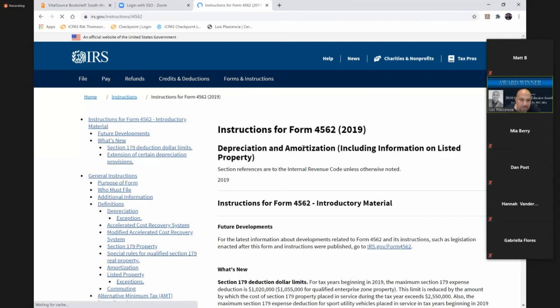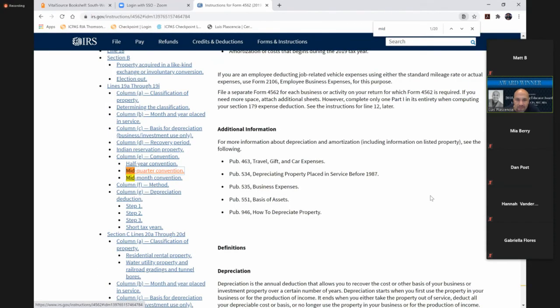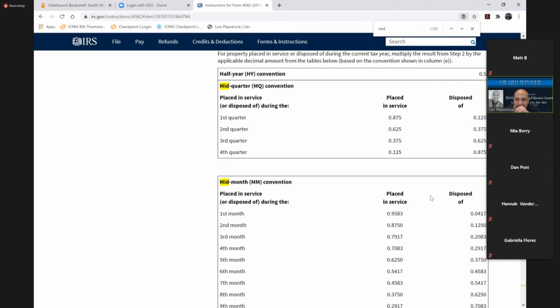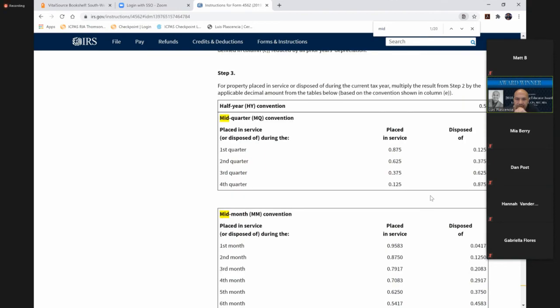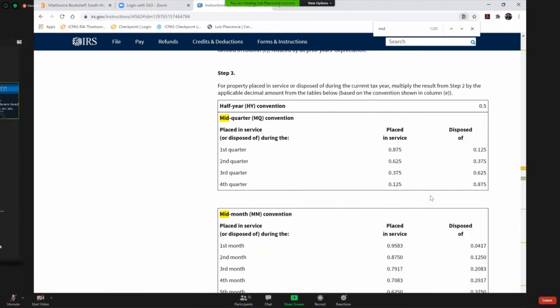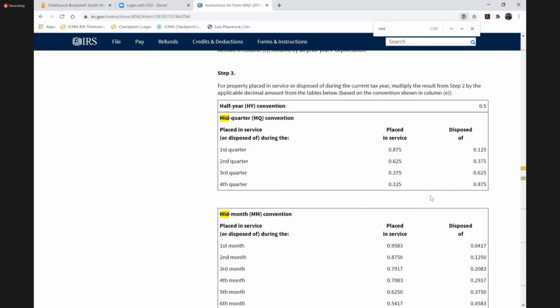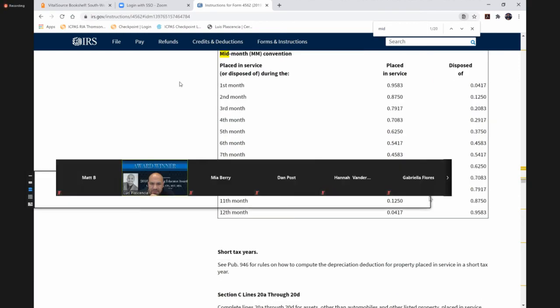There we go. It doesn't have the tables here. Oh, here they are. Here they are. You guys see the tables? So this is the half-year convention. What is this for? No, this is not the table. What is a partial table? They're not doing the full table.